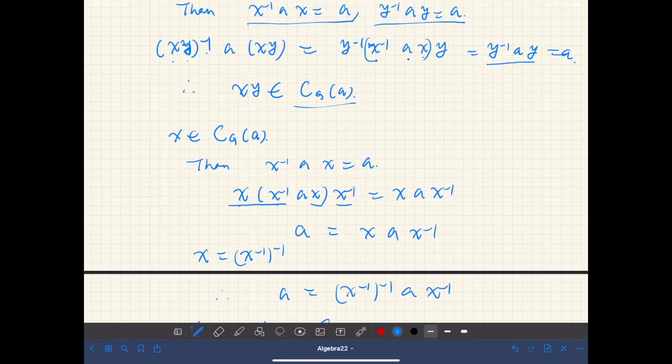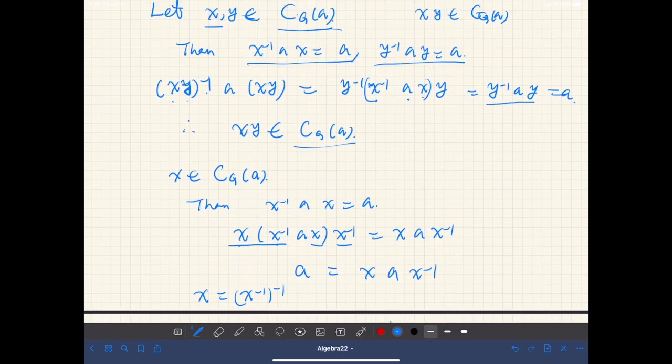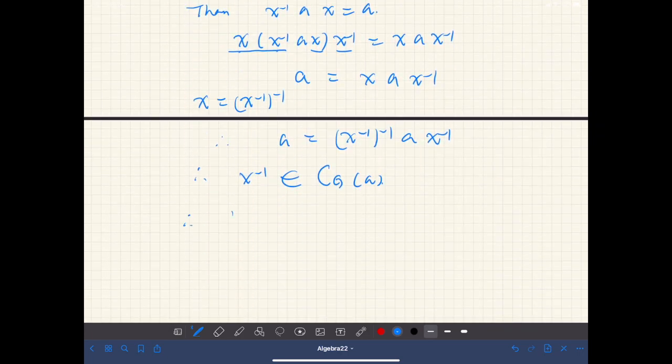So this completes the subgroup criterion. Therefore, C_G(A) is a subgroup of G, and it contains A. And we are done.